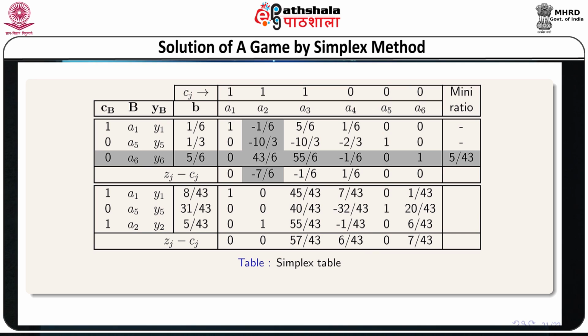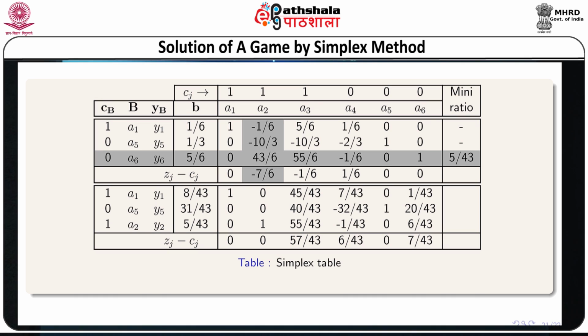Obviously, A2 will be the next entering vector, and since 2 components of this entering vector are negative and only one component is positive, which corresponds to the vector A6, obviously A6 will be the outgoing vector. Then in the next iteration we find that zj minus cj is greater than or equal to 0 for all j. That means the optimality condition has been satisfied.